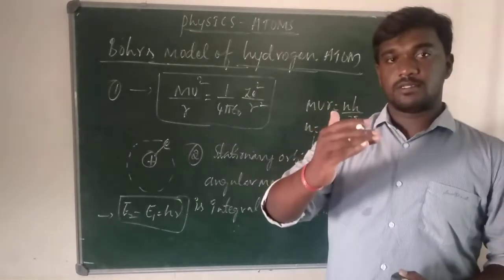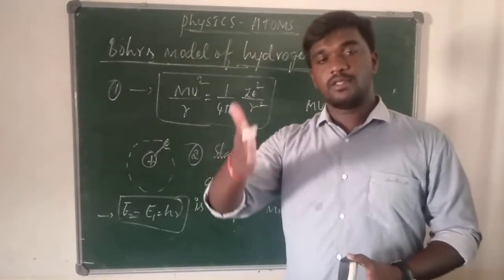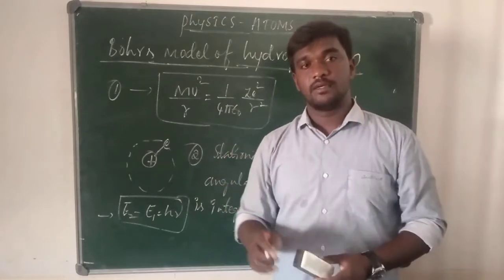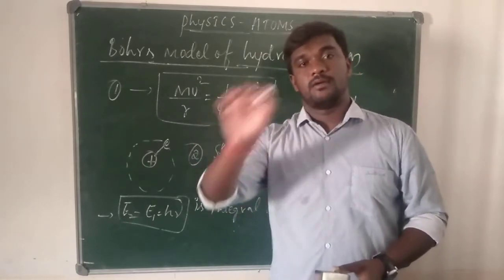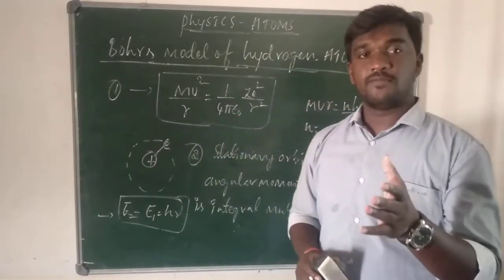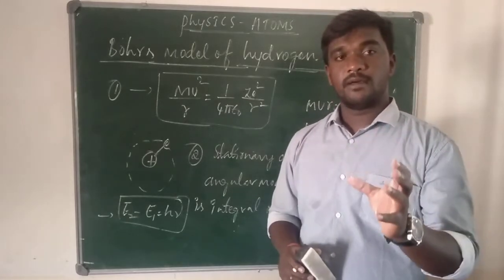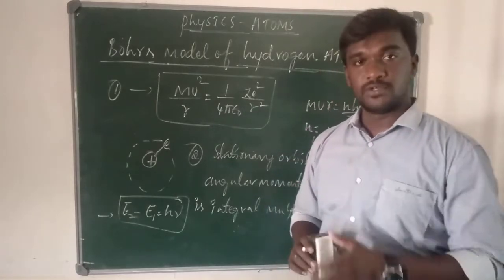The electrons revolve around the nucleus. When the electron is revolving around the nucleus, a centripetal force is required by the electron for revolution.